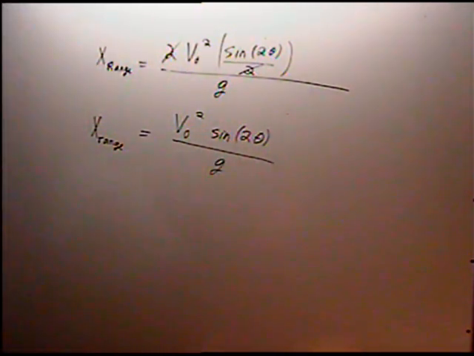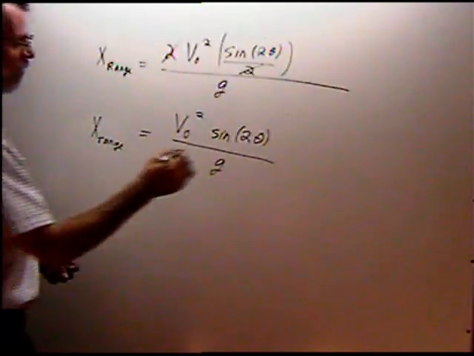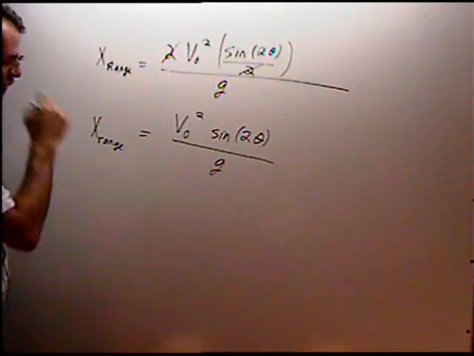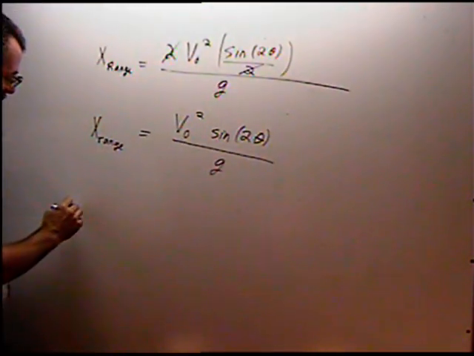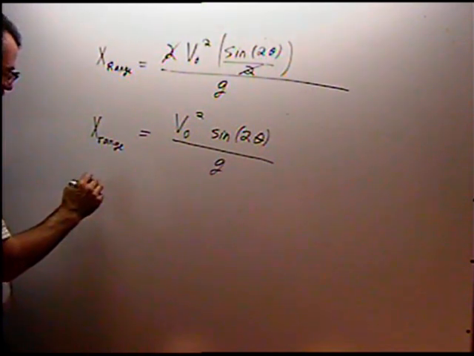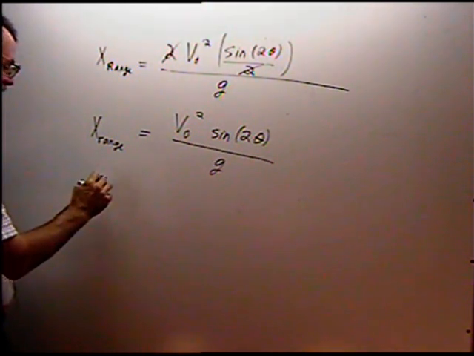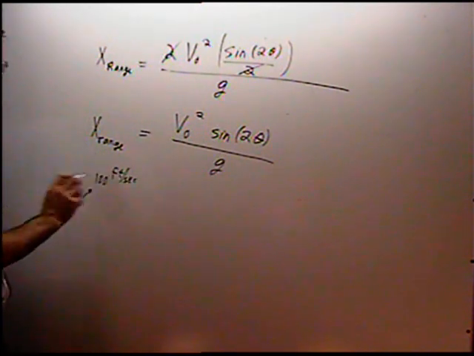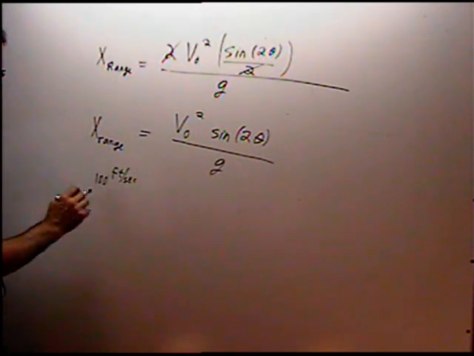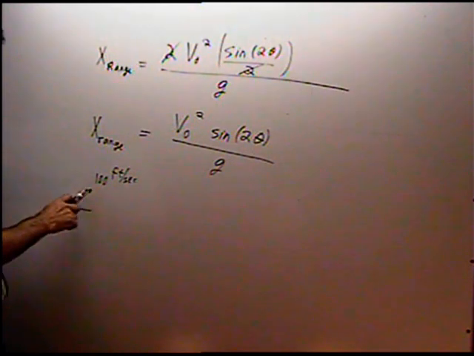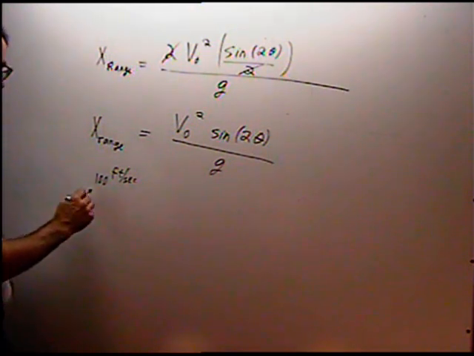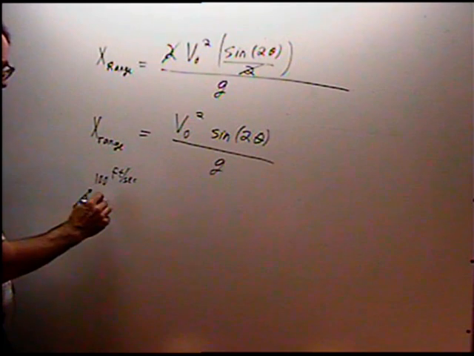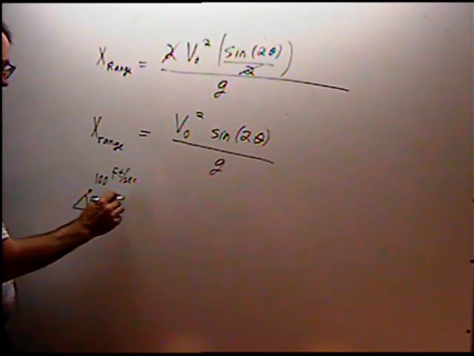So again, just to reiterate here, how would you use this? Suppose you had an initial velocity of, let's say, 100 feet per second. I'm switching to English units here, and I was shooting, say, an arrow at 100 feet per second at an angle of 40 degrees.